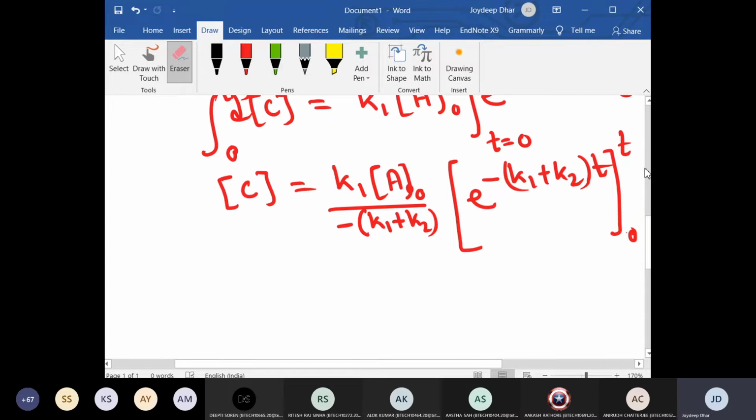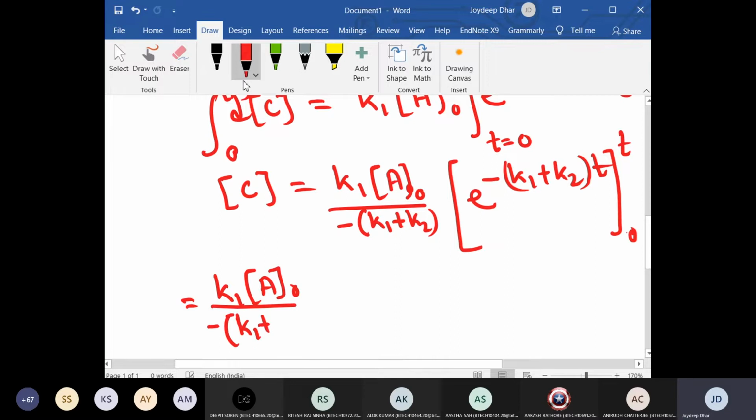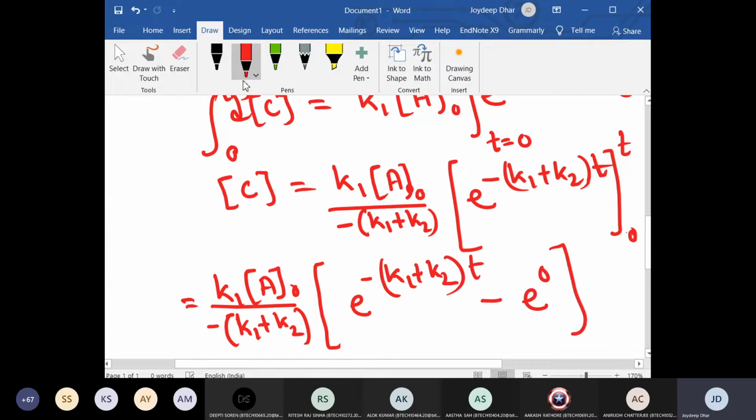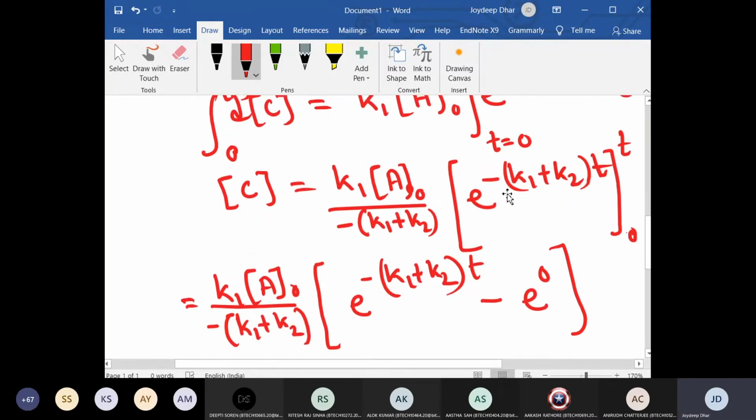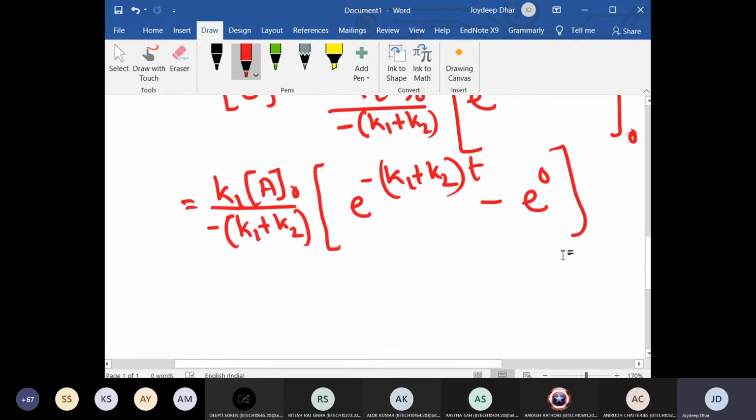So K1 A naught over minus (K1 plus K2), one case it will be minus, upper limit when you put t, minus e to the power 0. So e to the power 0 is 1. Directly I put t equal to 0, so t equal to 0 means it will come out to be e to the power 0, and e to the power 0 is 1.